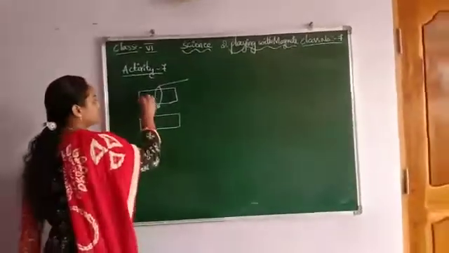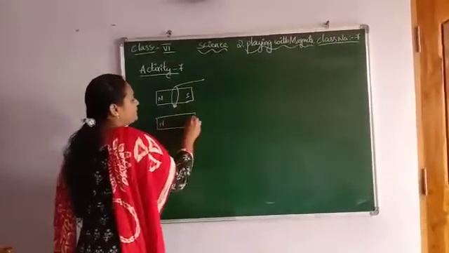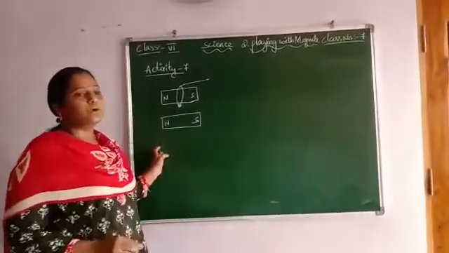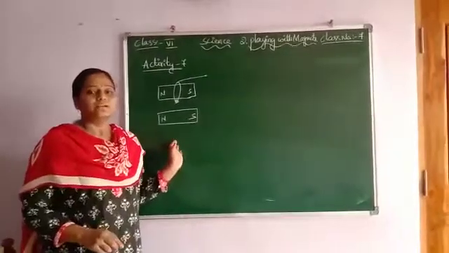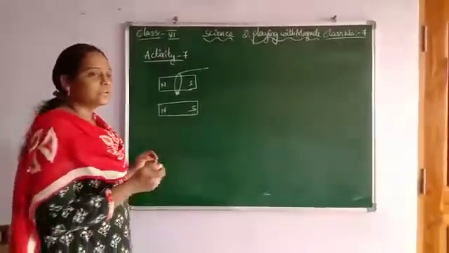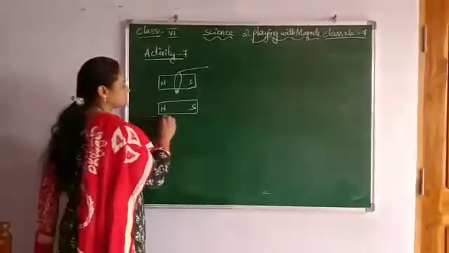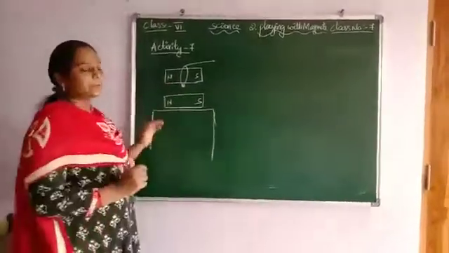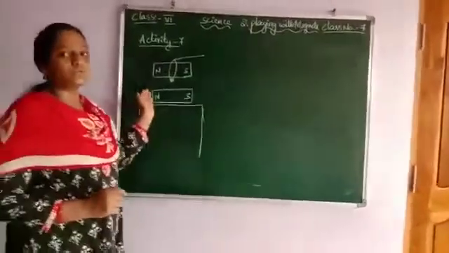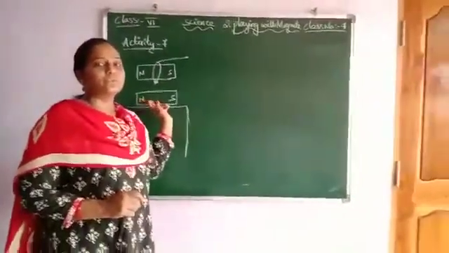Now these are two bar magnets. After suspending, the bar magnet should be very close to the one kept on the table. So this is the table surface, and the suspended bar magnet should be very close to the other.